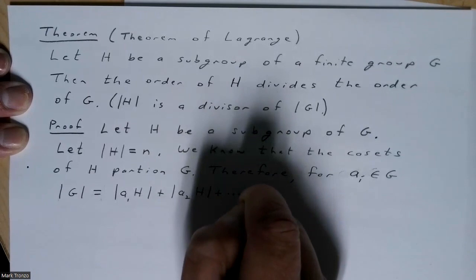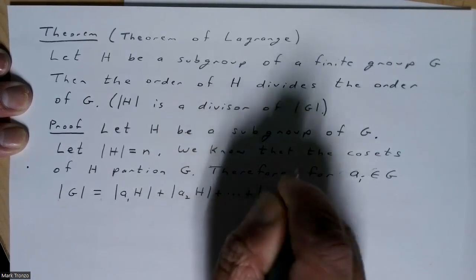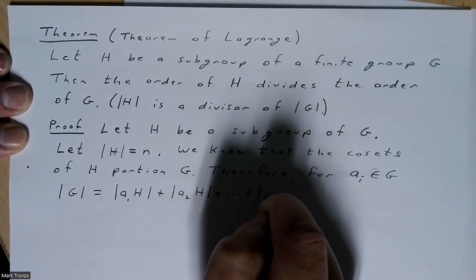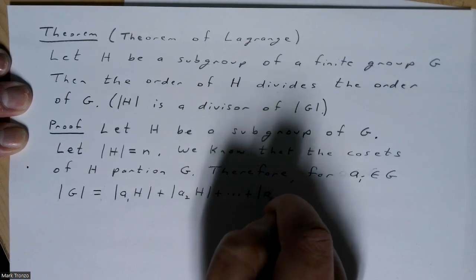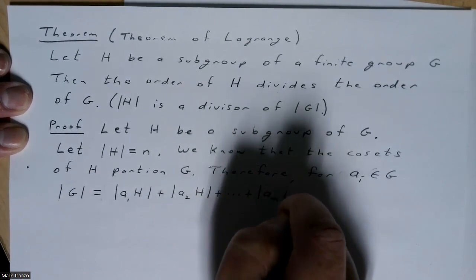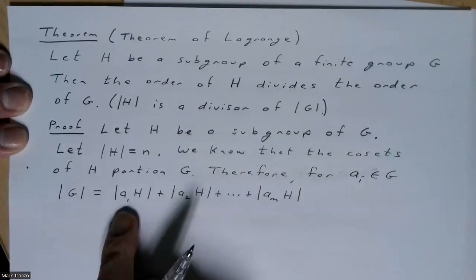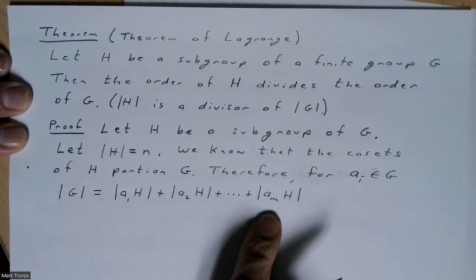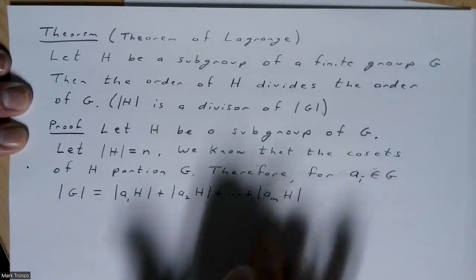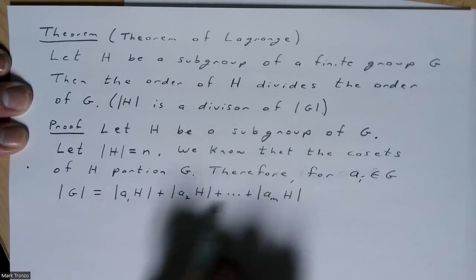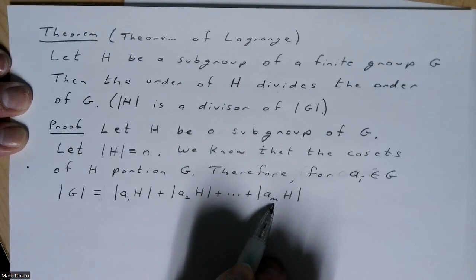So let's say these are all the cosets. However, let's say we'll have a total of M cosets.